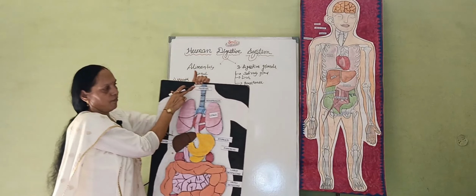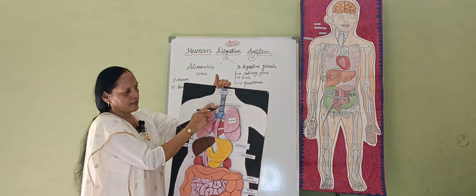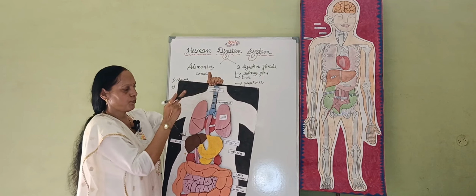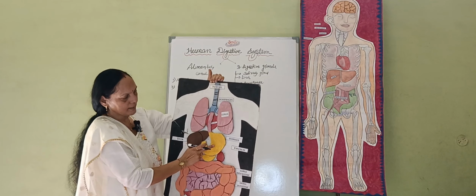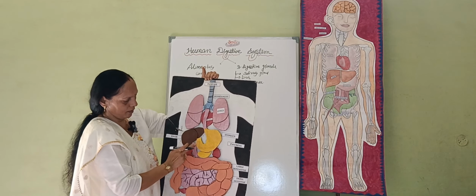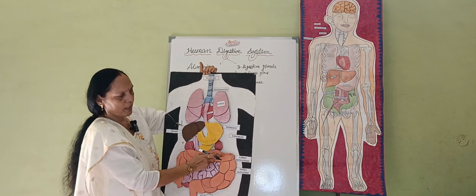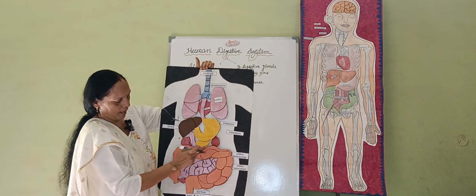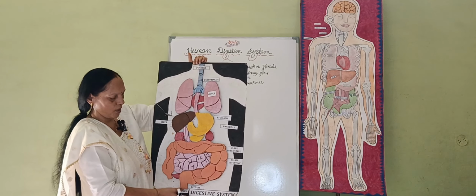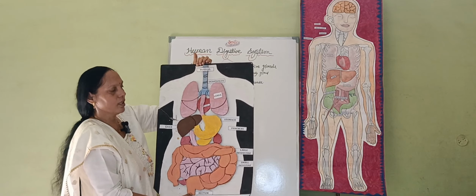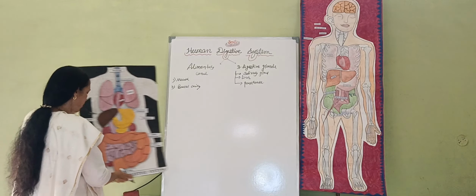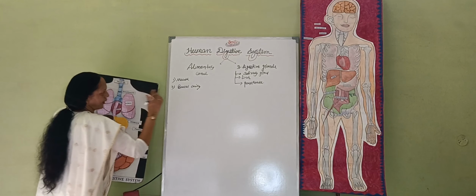Third part is the pharynx. Fourth part is the esophagus. Fifth part is the stomach. Sixth part is the small intestine. Seventh part is the large intestine, the eighth part is the rectum, and the last part is the anus. So in this way, it is divided into how many parts? It is divided into 9 parts.